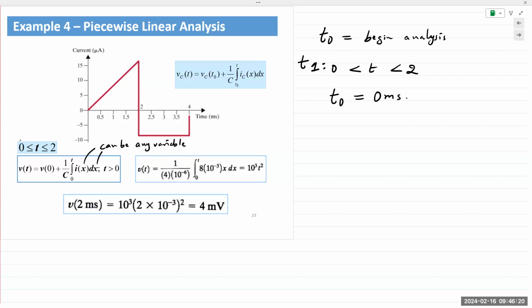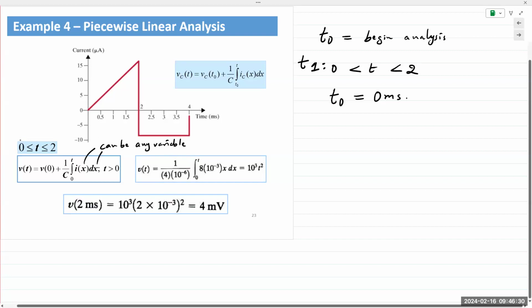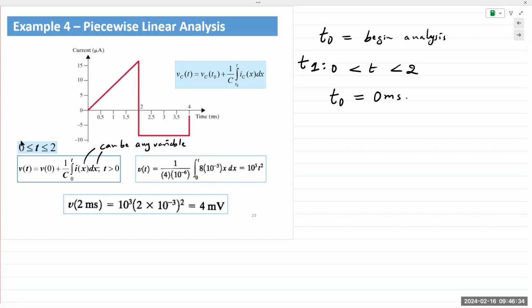Okay. So T0 is 0 milliseconds. I'm going to go ahead and plug the values in there. Capacitor value is 4 microfarads, so 1 over C. Then I have my line equation, 8 into 10 raised to minus 3, and the limits of the integral 0 to t. My initial value V0 is 0, so I can cancel that out automatically.